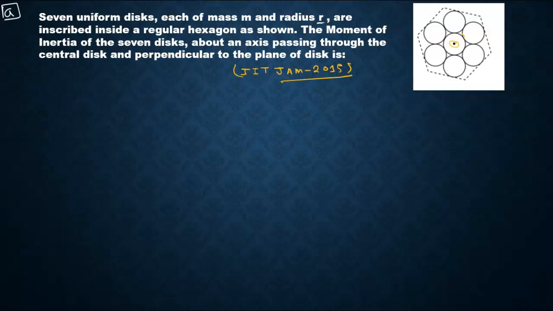Well, simply, let's number the disks: 1, 2, 3, 4, 5, 6, 7. 7 disks. So the moment of inertia equals the moment of inertia for the one, that is half mr square, as the axis is passing through its center, plus 6 into m half mr square plus m into 2r whole square.